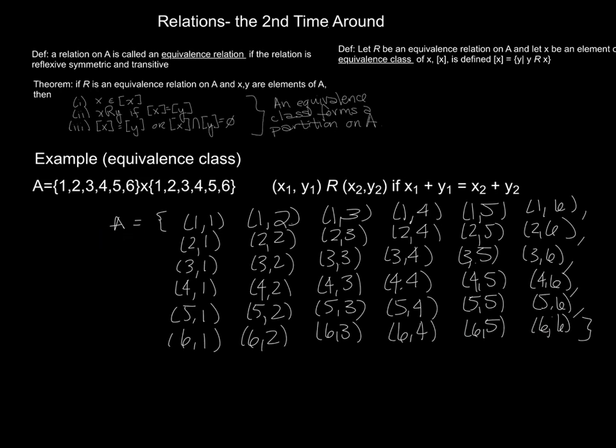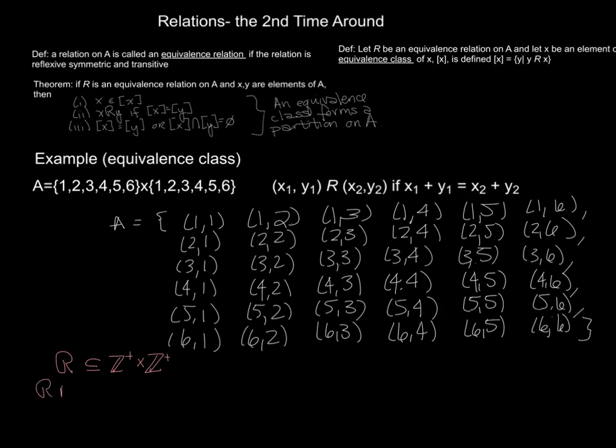So we're going to talk about a relation on A. A relation on A relates elements of A with other elements of A. Just a quick note, to compare this to an earlier example, I had a relation R which is a subset of Z positive cross Z positive.